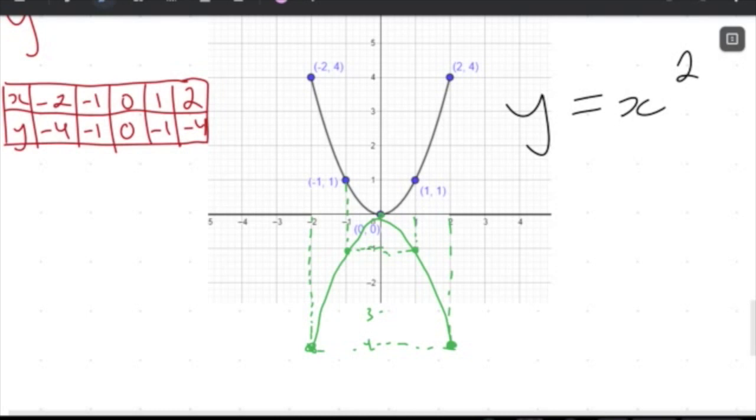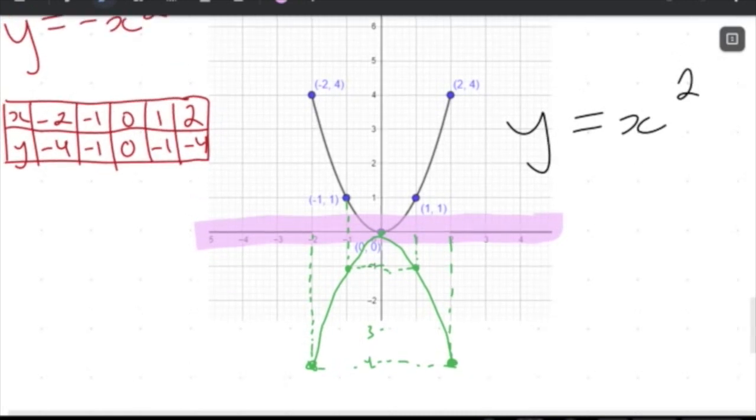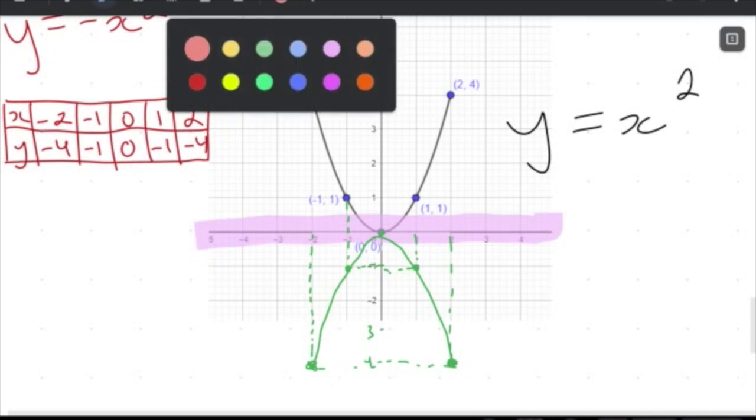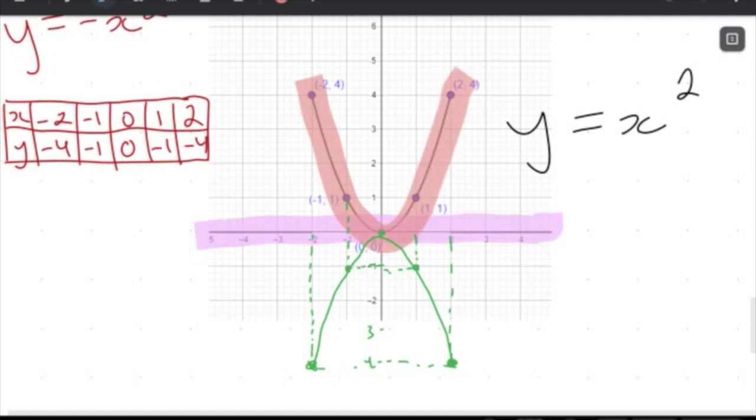Let me actually draw in a line here and see if this rings any bells. Now, if you look at this, maybe turn your head to the right or to the left, you will hopefully be able to see that my parabola up here is perfectly mirrored down here. Let's actually do that in a different color to really make this clear.